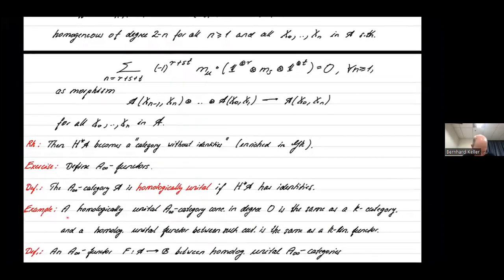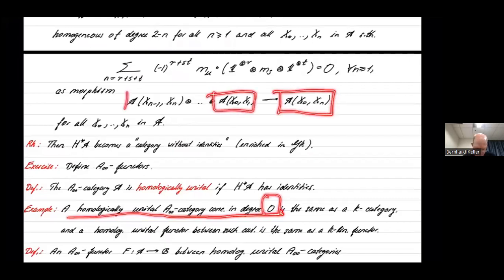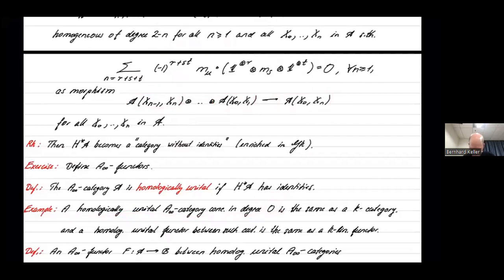Then if we have a homologically unital A-infinity category, which is concentrated in degree 0, so we assume that all these morphism complexes are just concentrated in degree 0, then this is exactly the same as a K category, a category whose morphism sets are endowed with vector space structures such that the composition is bilinear. And then a homologically unital functor is the same as just a K linear functor.